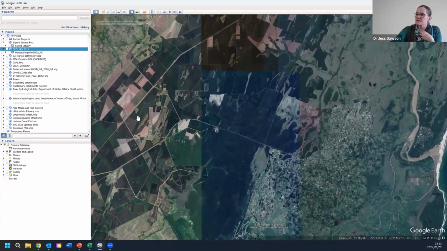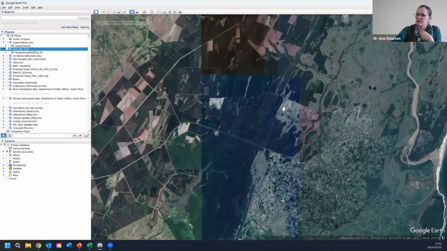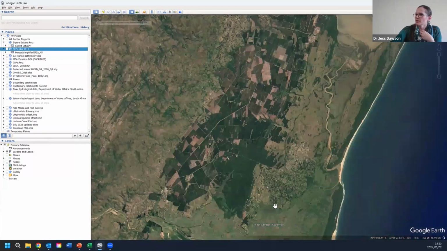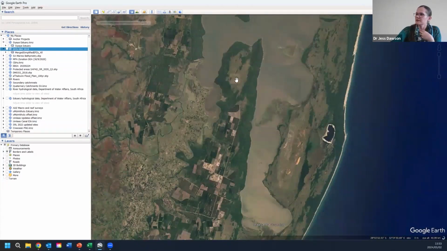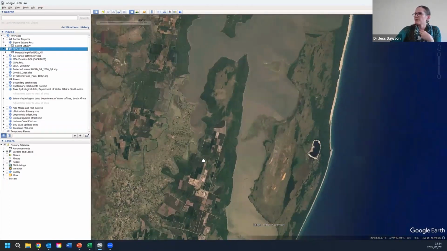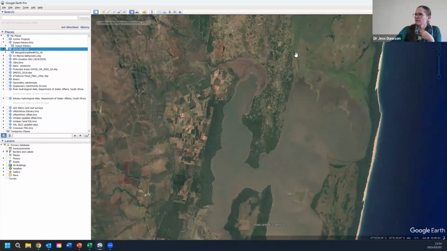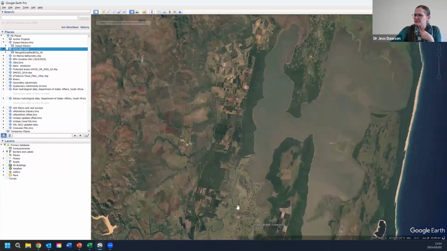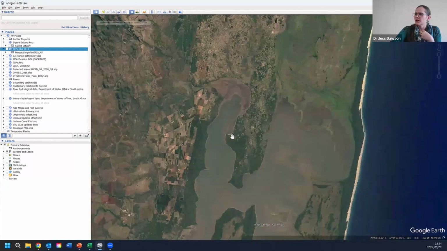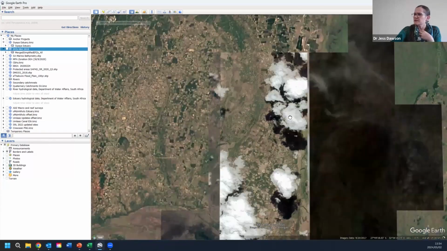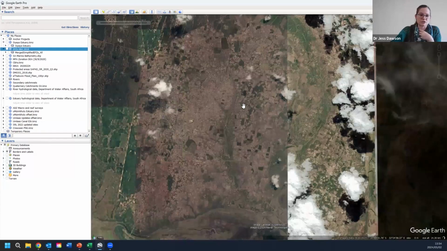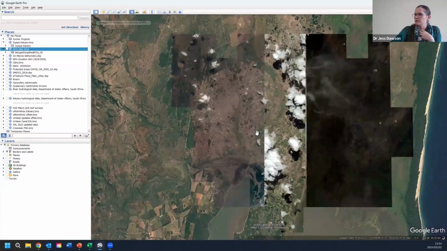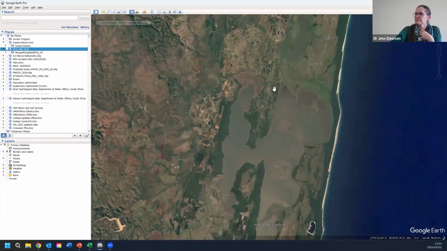What you can see here is a lot of agriculture, a lot of forestry, some more agriculture and forestry on the side here of the lakes. Not much in the way of dense urban development, but coming in here, we've got quite a lot of community. I know there's a significant traditional land area along the northern reaches of the system.